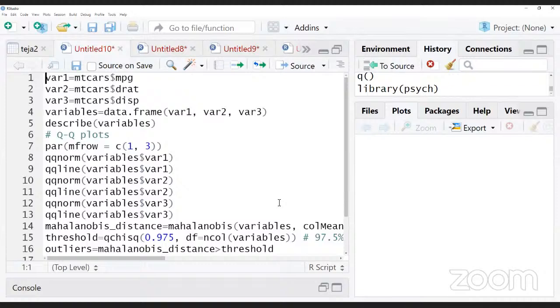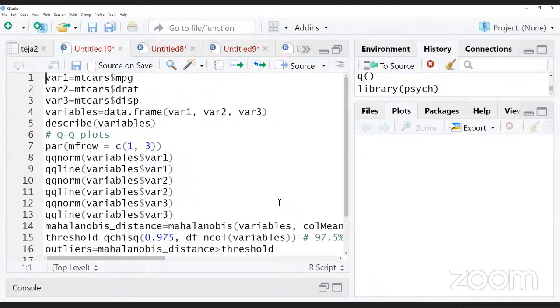That means whether the observed data and the hypothetical or expected data, sorry, expected normality and the observed data, to what extent they are matched, that can be understood through this QQ plot.